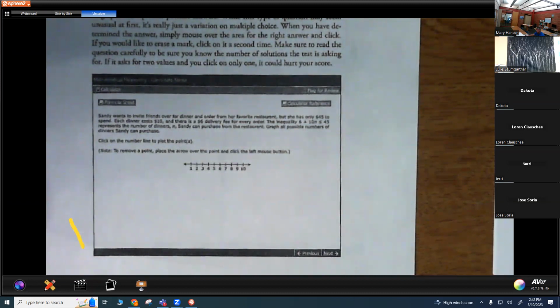Each dinner costs $10 and there's a $6 delivery fee for every order. The inequality 6 plus 10n is less than or equal to 45 represents the number of dinners Sandy can purchase from the restaurant. Graph all possible numbers of dinners Sandy can purchase.